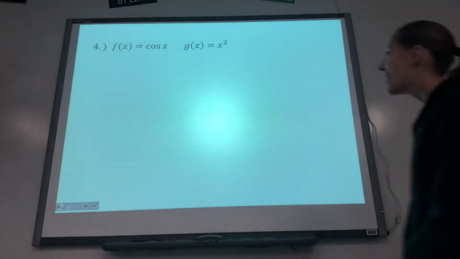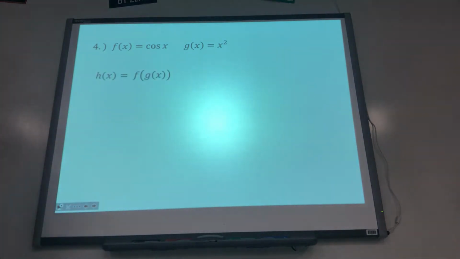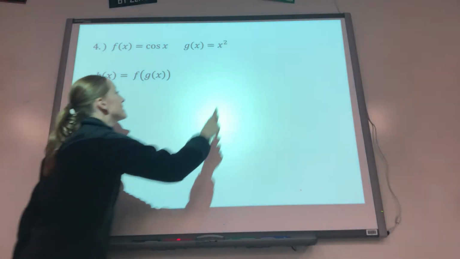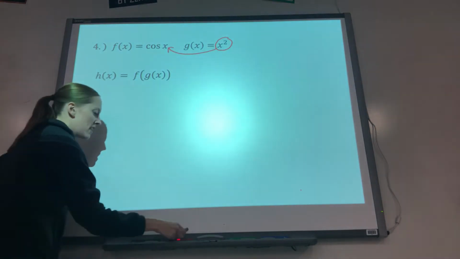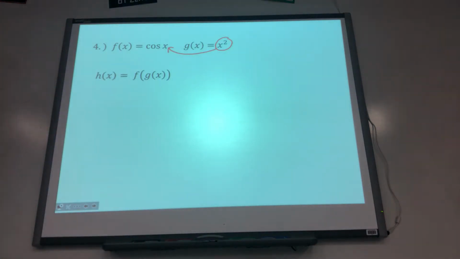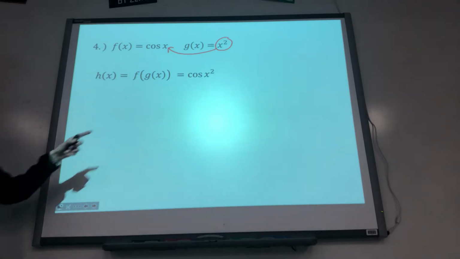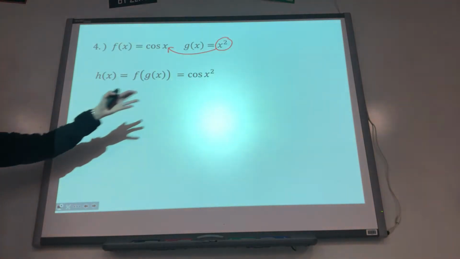Well, we need to find the continuity of h of x, which again is f of g of x. So let's take g of x and plug it into f of x. Wherever you see x over there, replace it with x squared.